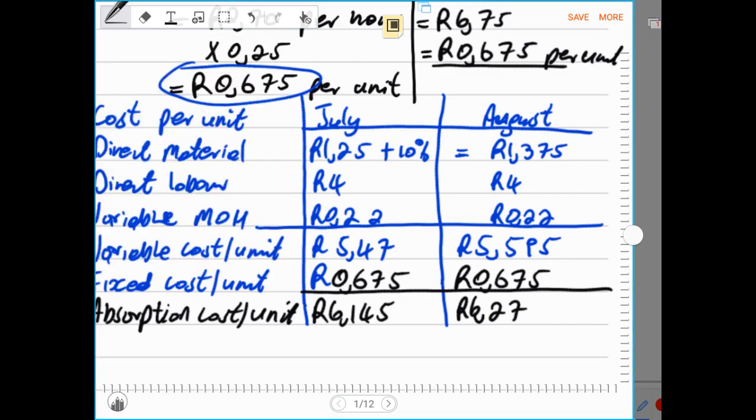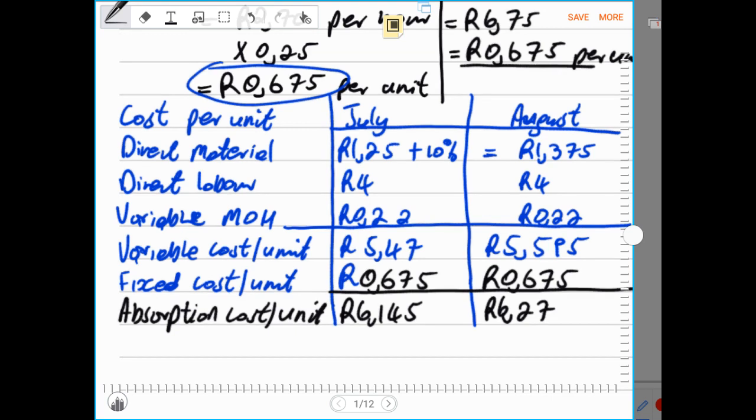This is a very crucial part to take into consideration, because this will determine the calculations of your income statement.